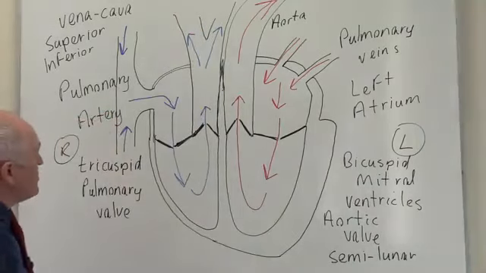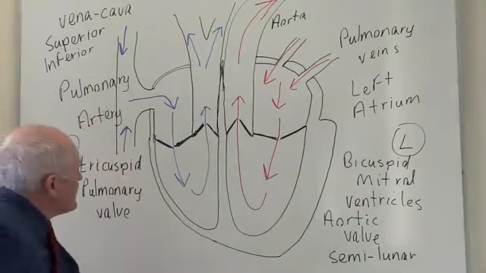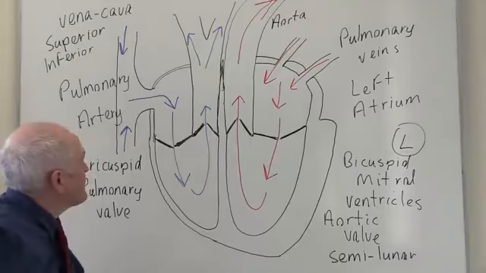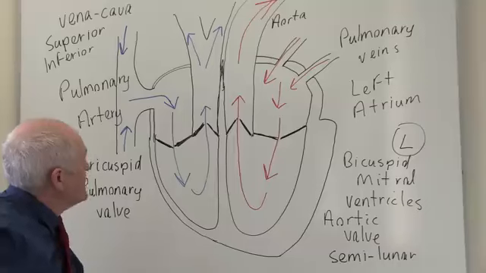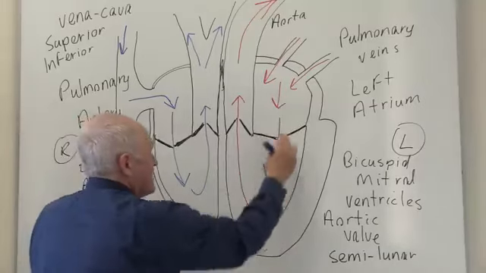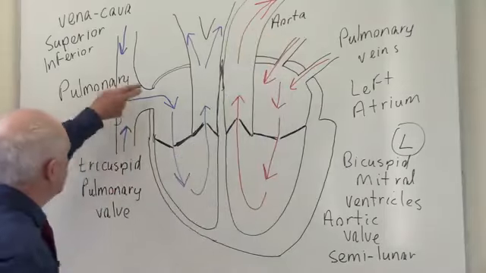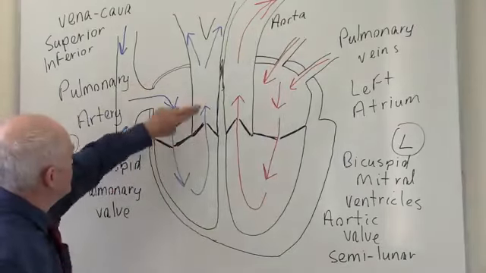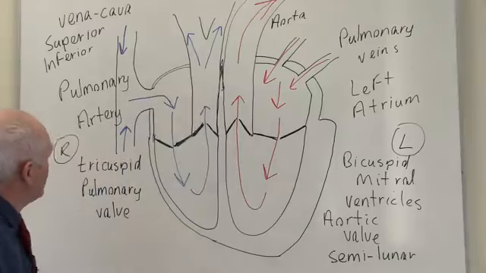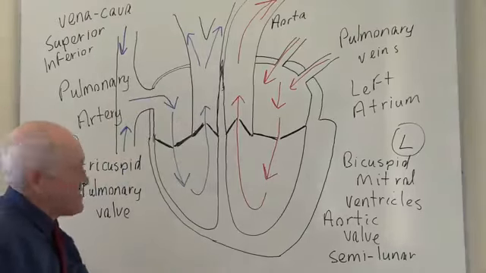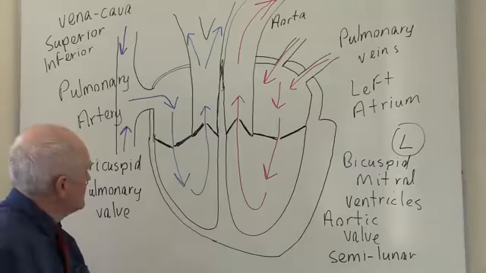So the blood flow through the heart is regulated by the 4 valves, and it's going through from the atria to the ventricles to the body, back to the right atria, right ventricle, pulmonary artery, and off to the lungs. And we'll look at how this happens in more detail shortly.